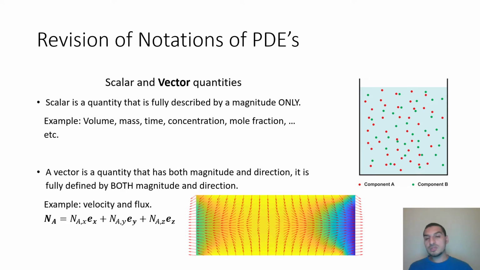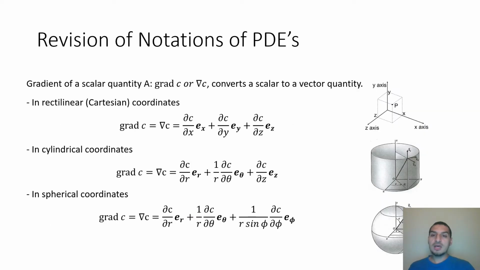One other thing which is important, and we will see a lot, is this symbol, the inverted delta symbol, which we call nabla or del, and in this case we call it a gradient, and this is when we apply this gradient to a scalar quantity like concentration.